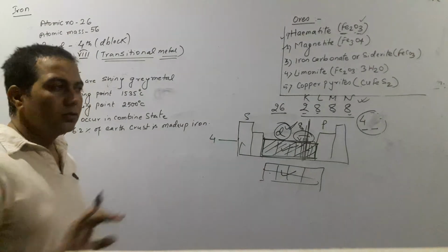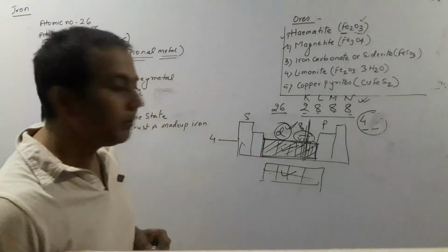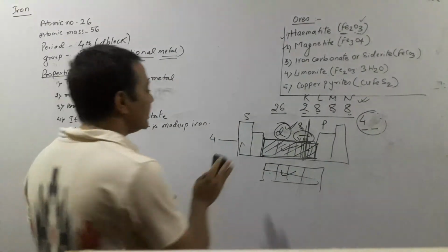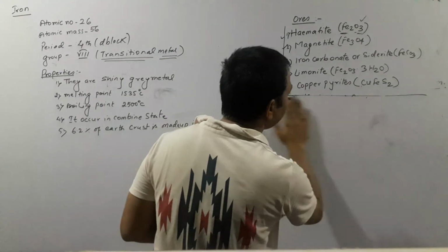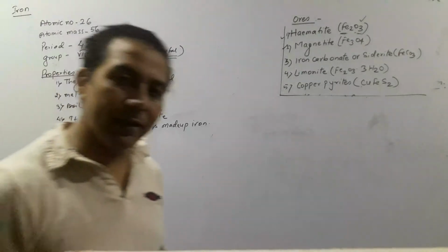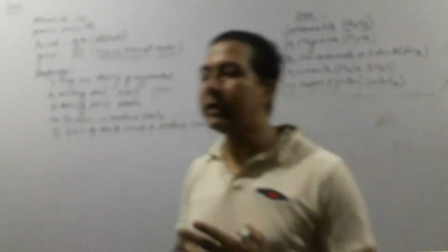Okay, so these are the positions of metals in our periodic table. Let us come to the next one, the general properties. So general properties of the metal or the iron. What are the general properties? The first one what I said is what?